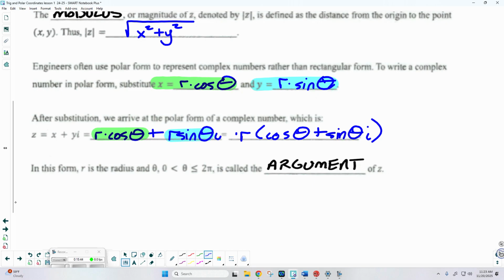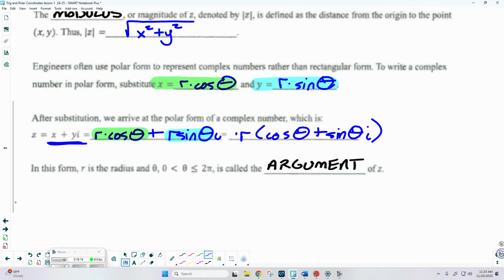This is how we identified a complex number a moment ago, x plus yi. You'll notice I'm simply replacing x with r cosine theta and y with r sine theta. That's how we're getting the polar form of a complex number. The only difference between these two is that in the second one, they decided to factor the radius out. So whether you want to distribute the radius or factor it out is completely your choice.